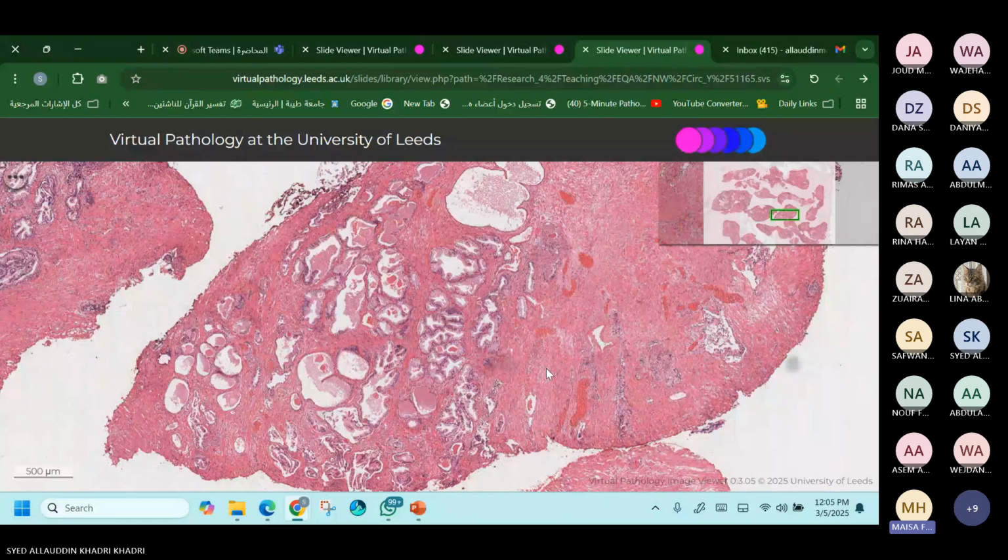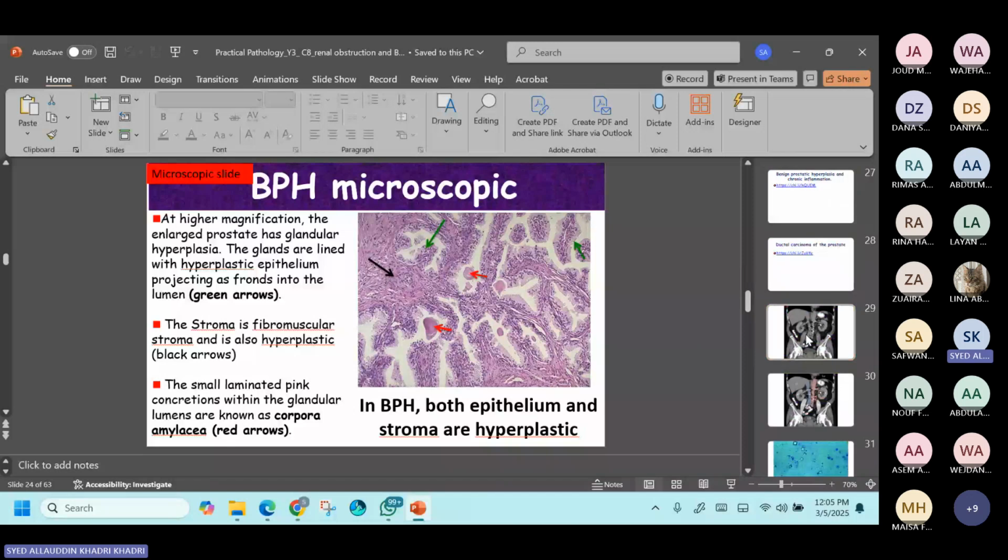Yes, doctor. In the extra slide, you showed us a CT scan with an enlargement in the ureter under the stone. Why is it under the stone? I think it's slide 14 or something like that. Which one? This one?